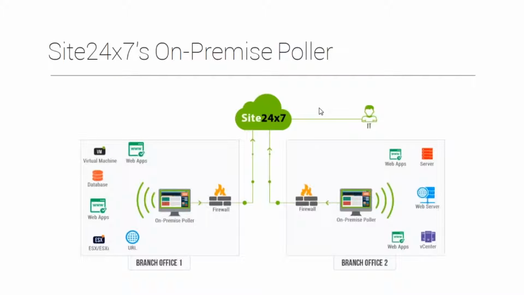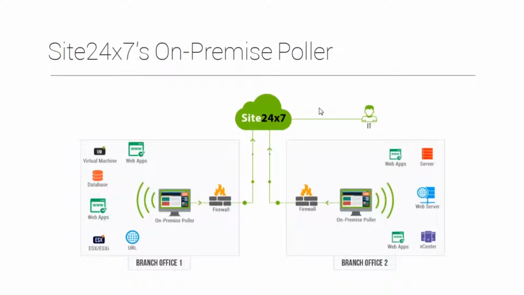So what is the on-premise poller? The on-premise poller helps you monitor your internal network or resources behind the firewall. Being a lightweight agent, it monitors data center components, internal applications like blogs, payroll applications, ERP systems, ping network devices, database servers, etc. For instance, to monitor a router, install the on-premise poller software in the same network, which will collect the data according to the set poll interval and send it to the Site 24/7 data collector.